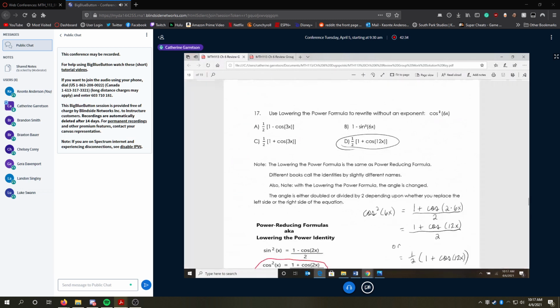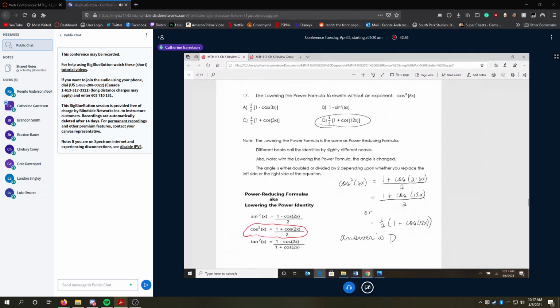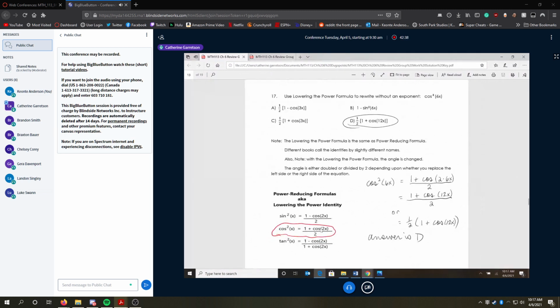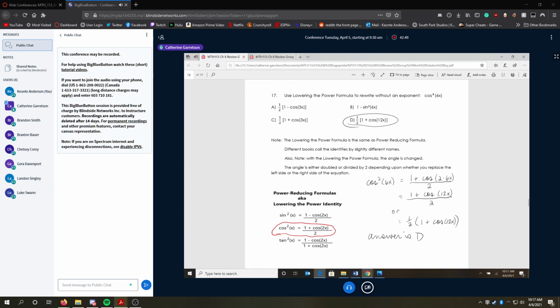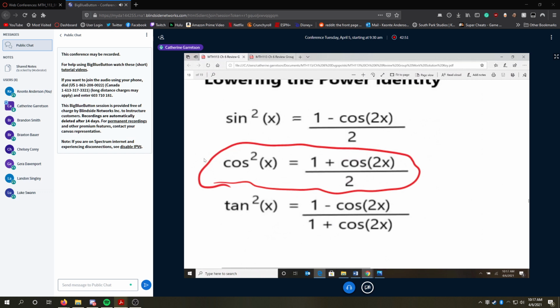So I'm looking for the cosine squared is equal to, now let's look at what it's saying here. Our angle for the cosine is 6x. So it's 6x right here. So what is it going to do to the 6x?